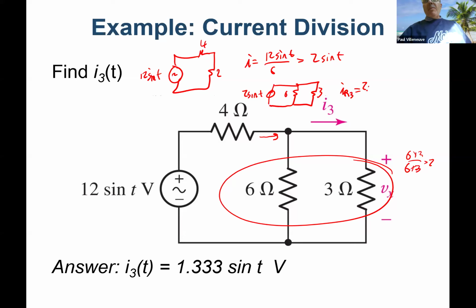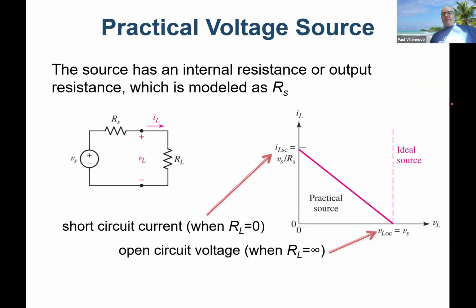We're going to take our applied current into the node, 2 sine t, multiplied by the resistance not of interest, 6, over the sum, 2/3 sine t. Okay. So there's a million ways that you can do this, right? More than one way to skin a cat. You can pick whatever one you like to do.